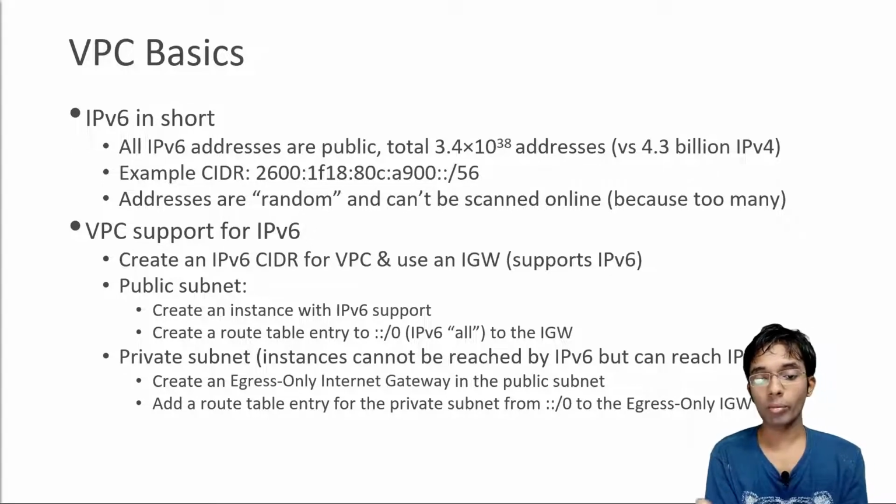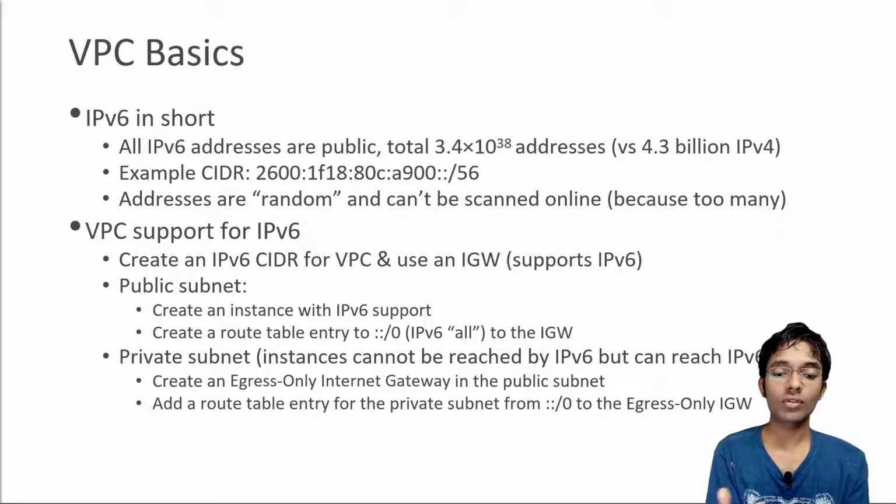It sits in the public subnets and supports only IPv6, and then we add a route table entry from the private subnet for ::/0. So all IPv6 traffic goes directly into the egress-only internet gateway, and this way our instances in the private subnet will have IPv6 support to reach external services, and that's it.